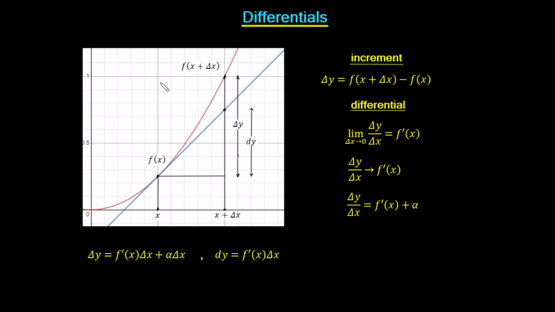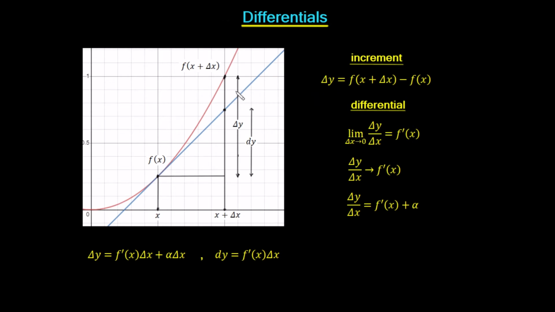The y distance that we go up as we move along this function, over the distance of delta x, we're going to call the increment. So the increment is this height here, and we can call it delta y.